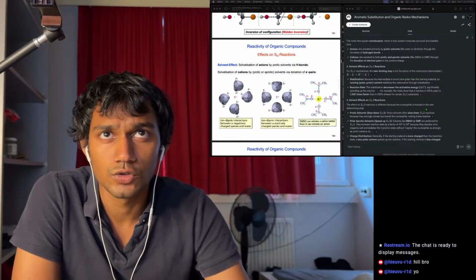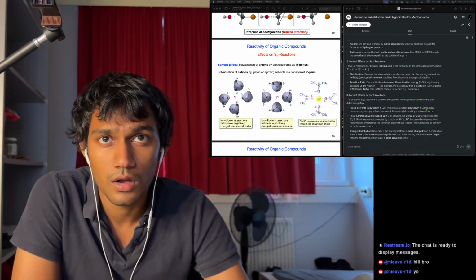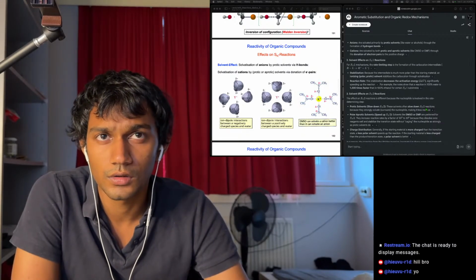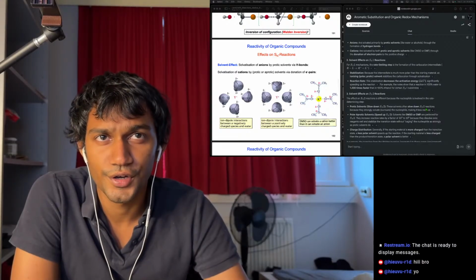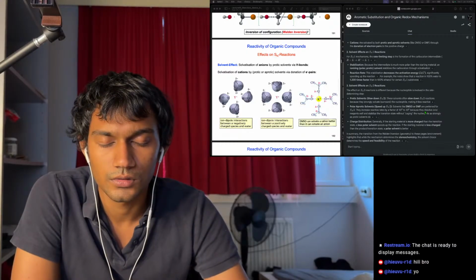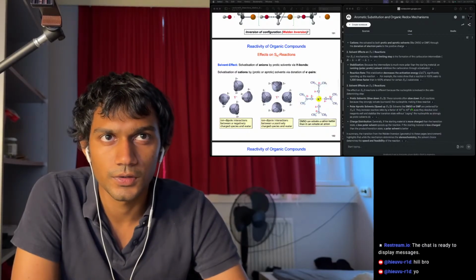Solvent effects on SN1. These solvents slow down SN2 reaction because they strongly solvate, surround the nucleophile, making it less reactive. Protic. Solvents like DMSO or DMF are preferred for SN2.